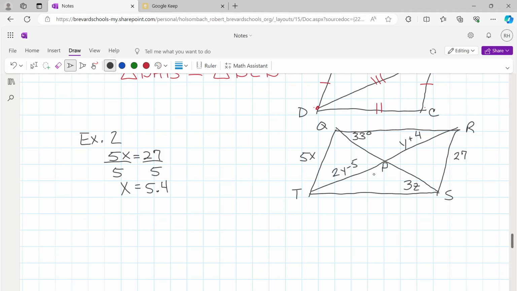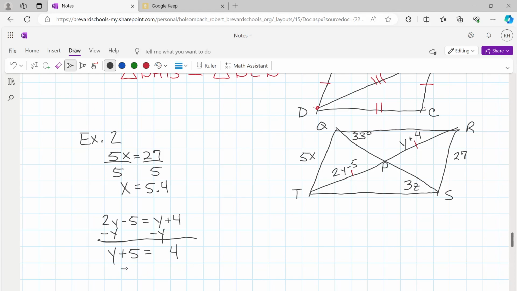All right, next, diagonals bisect each other. If the diagonals bisect each other, then T to P is congruent to P to R. So we write another equation, 2y minus 5 is equal to y plus 4. Subtract y from each side. So y plus 5 is equal to 4.